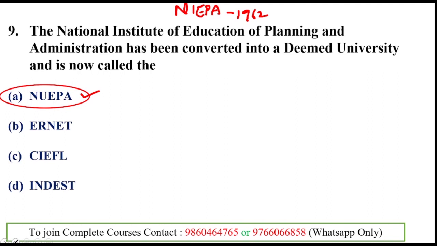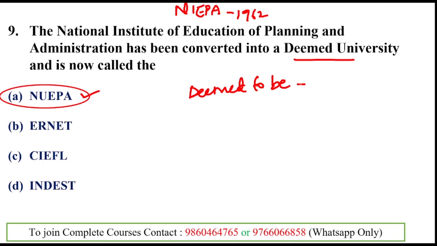and what is the difference between deemed university and deemed to be university? Both look alike, but both are different. Deemed university means it's neither completely private nor completely under the government. So it's not under the private and not under the government. Okay, and deemed to be university, it is affiliated to UGC but enjoys autonomy.